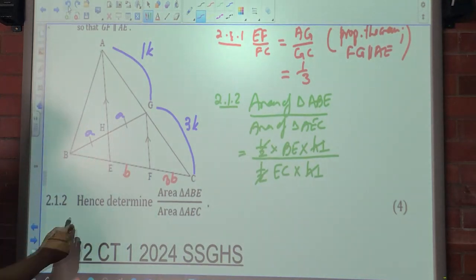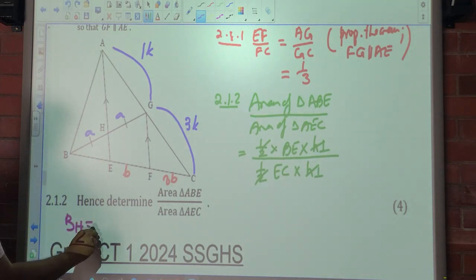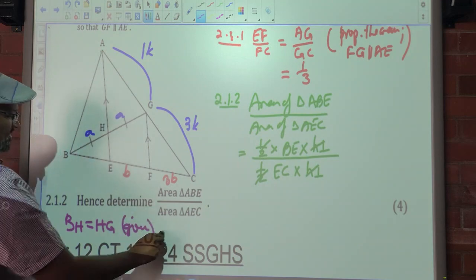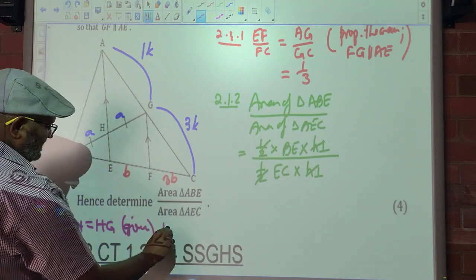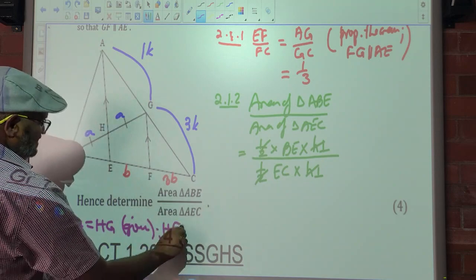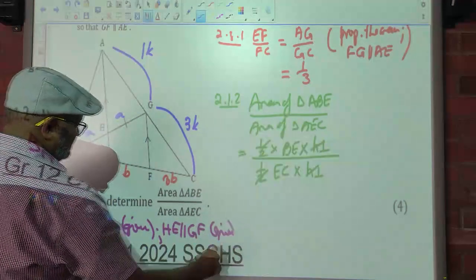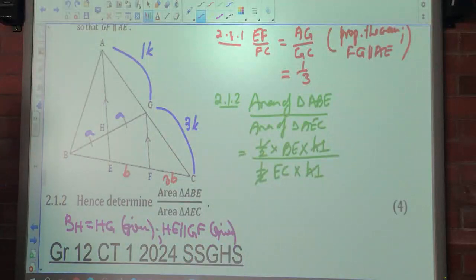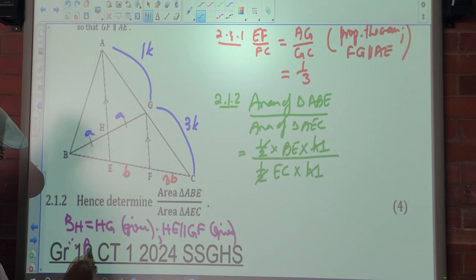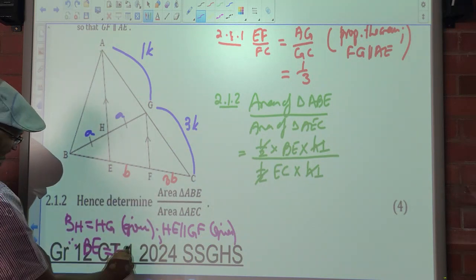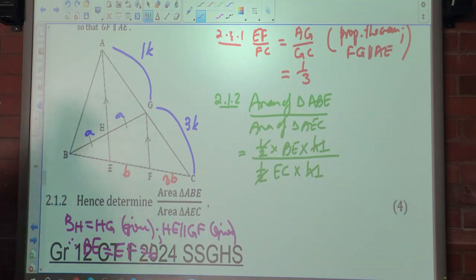Okay. But what you need to say at this point is firstly that BH is equal to HG, given. Also, HE is parallel to GF. Why? Given. So I state what is given. So therefore BE is equal to EF, which is equal to B. Why?